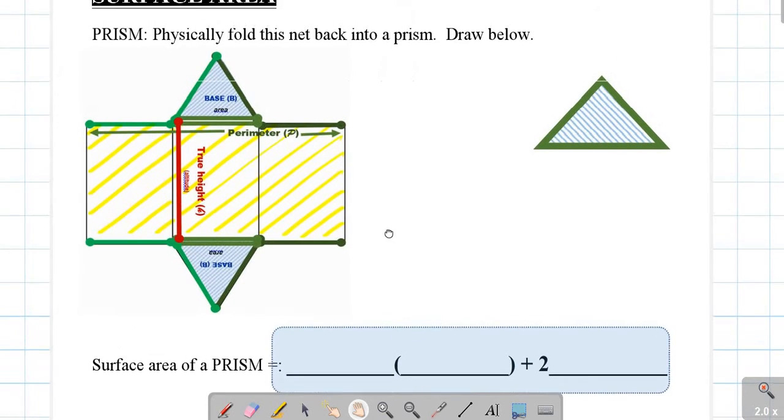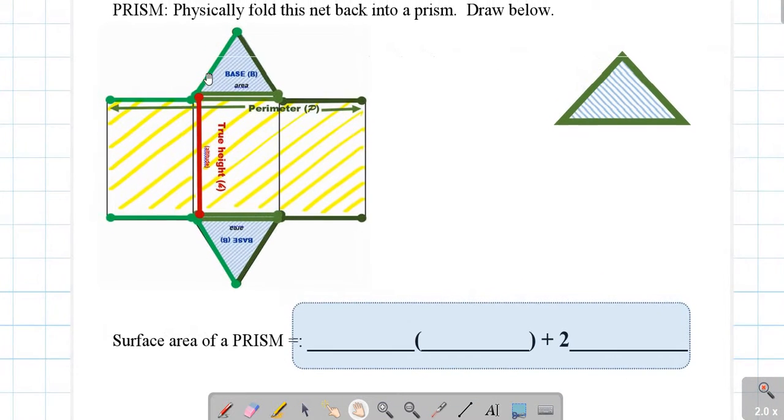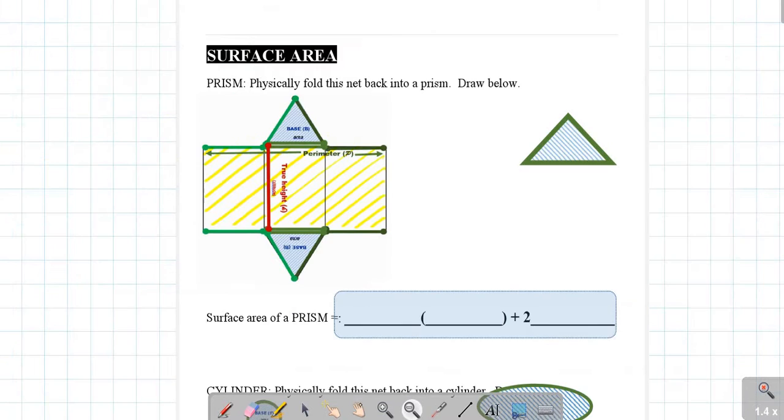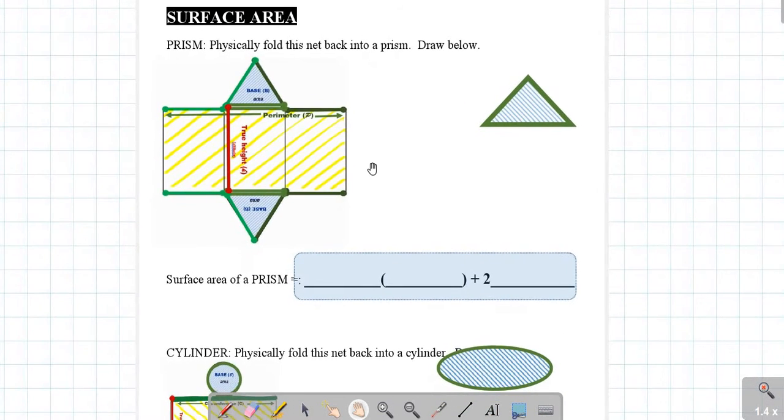This gets a little bit more complicated. Now in my class, I tell people to actually fold it. This is called a net, but we're just going to have to do this using your imagination. Okay. So imagine if this flat pattern was folded back into a solid. What would it look like? Imagine it's like wrapping paper.